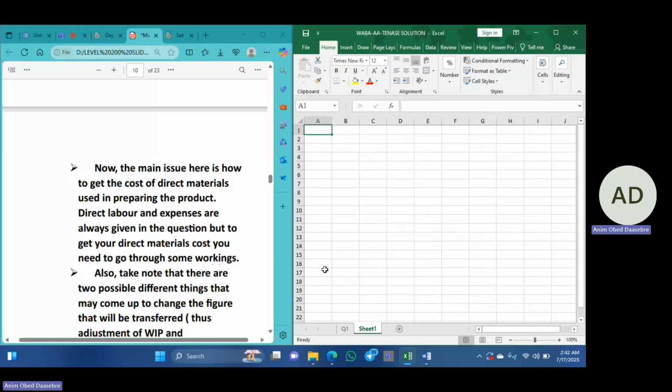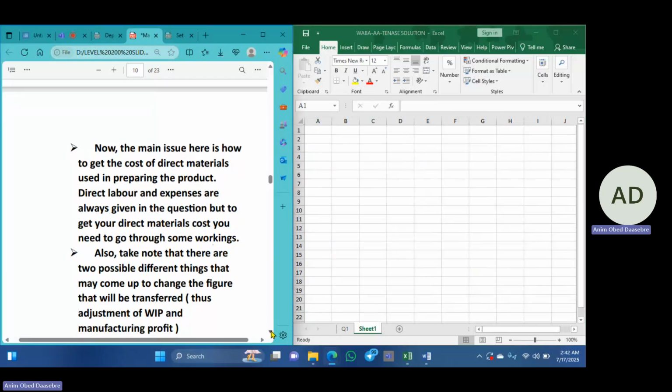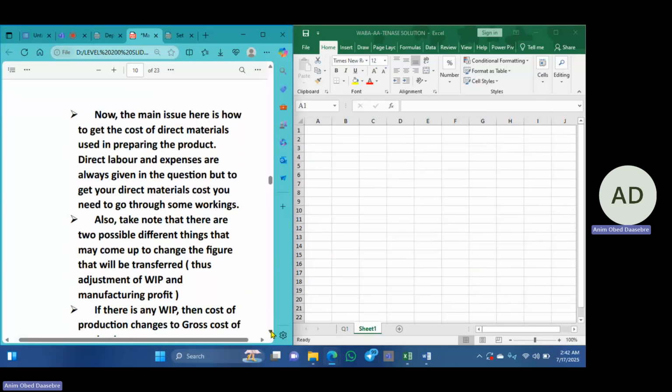Also take note that there are two possible things that may come up to change the figure we are going to transfer. And this is the adjustment on the work in progress. Get it?